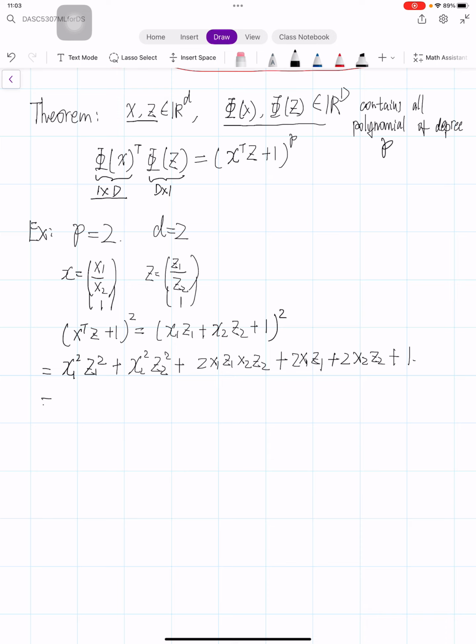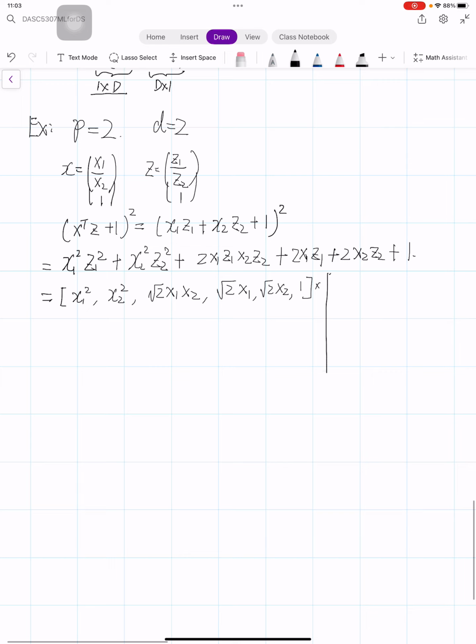Actually, we can write this as the inner product of two vectors: x1 square, x2 square, square root 2 x1 x2, square root 2 x1, square root 2 x2, and 1, multiplied by the column vector z1 square, z2 square, square root 2 z1 z2, square root 2 z1, square root 2 z2, 1.